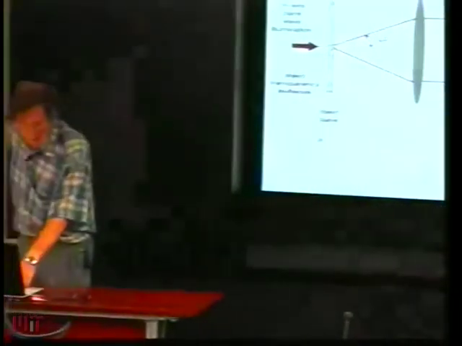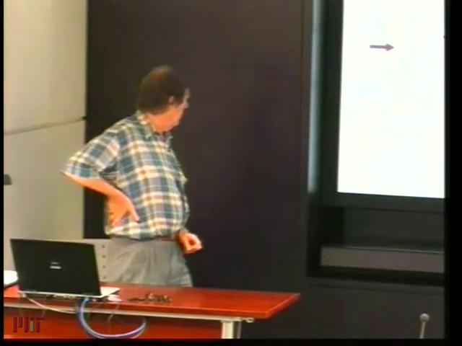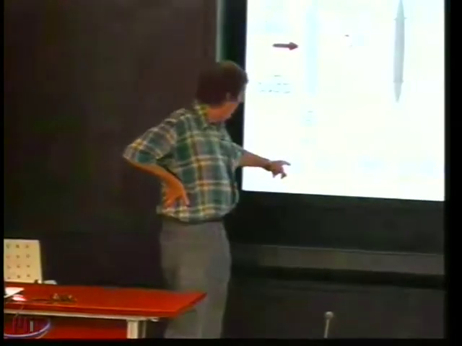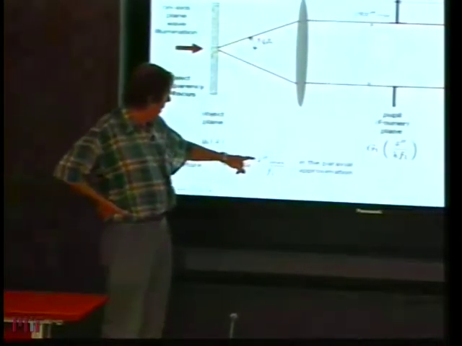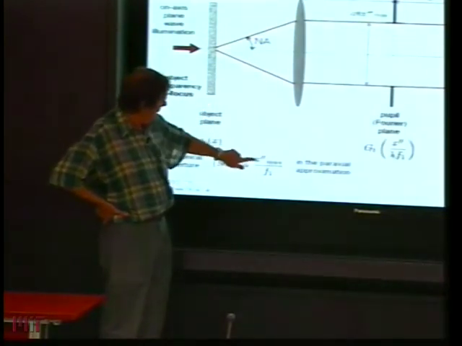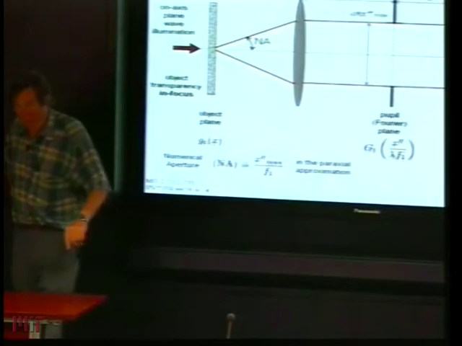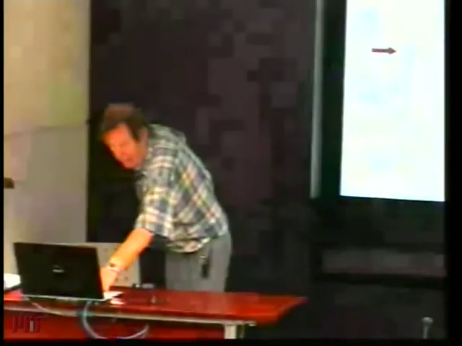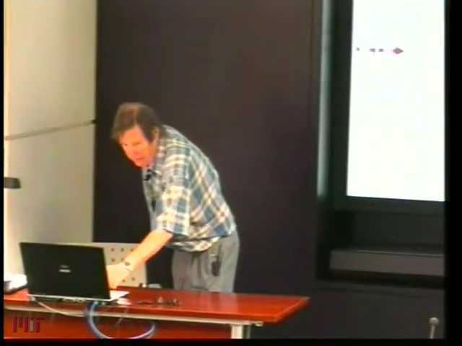This is the numerical aperture of the lens that's looking at it. So the numerical aperture is equal to x double prime maximum, which is equal to a over f1, again assuming that sine theta or tan theta are both theta.